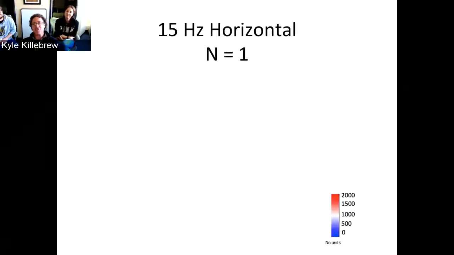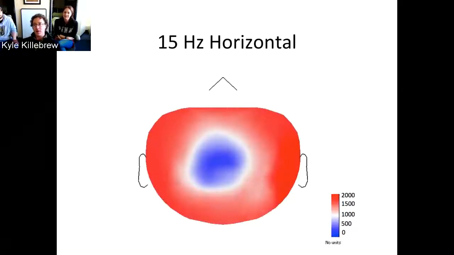So this is extremely preliminary, and I'll give some caveats as I show them. Here's the distribution of the 15 hertz. We flickered that background at 15 hertz, and this is the distribution of the frequency tags across the electrodes. I just want to point out this donut-shaped pattern, which is an effect of the way we're doing the referencing of the electrodes.